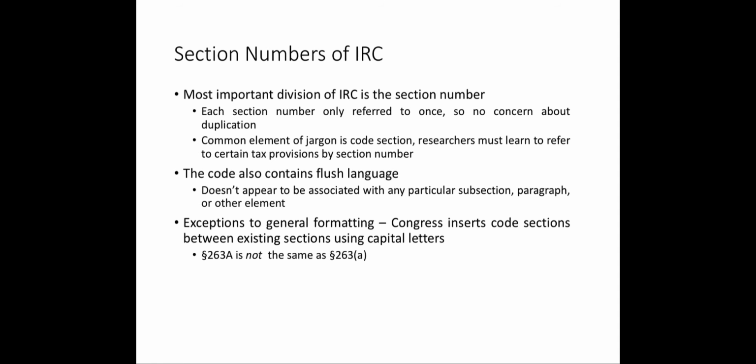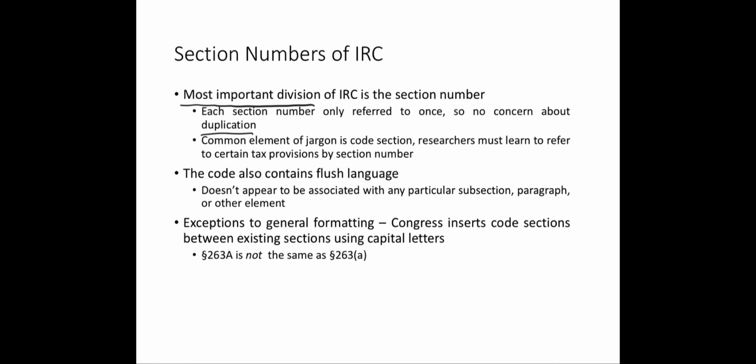Just so you know, you'll see on that list that the section number is so important. It's like the key. It's like you're keying in on that topic, so it doesn't start over. There are not multiple same section numbers in the U.S. Code. It's by far the most important division of the Internal Revenue Code. And again, each section number is only referred to once, so there's no concern about duplication.